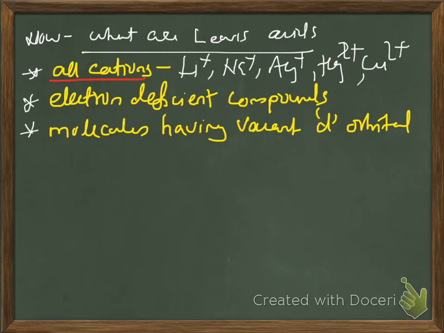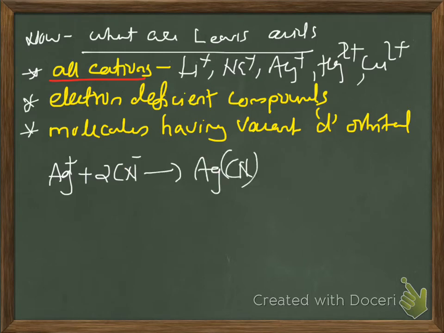Why are they Lewis acids? Ag plus, when combined with 2 CN minus, gives a complex Ag(CN)2 minus. Here cyanide is a lone pair donor. You have studied coordination compounds in your plus 2 classes in chapter number 9, where cyanide is an anionic ligand capable of donating a lone pair to Ag plus.